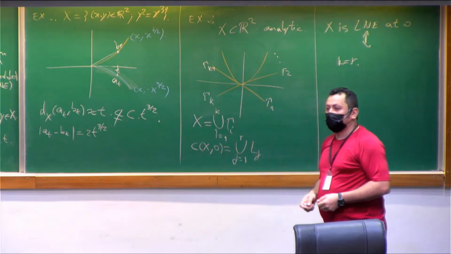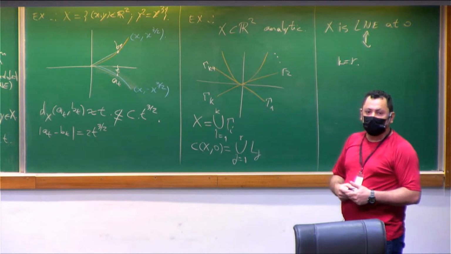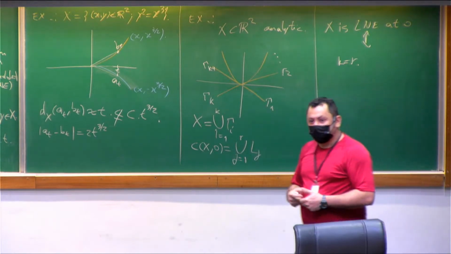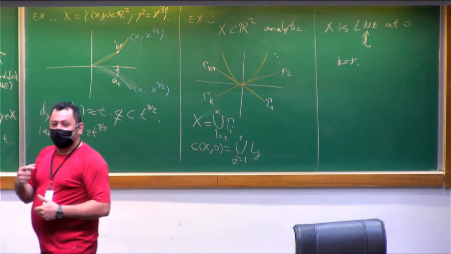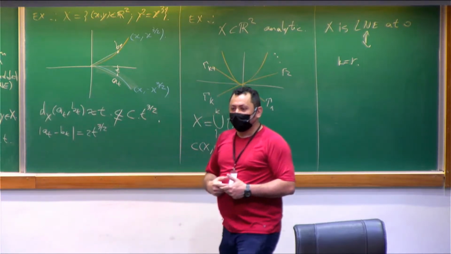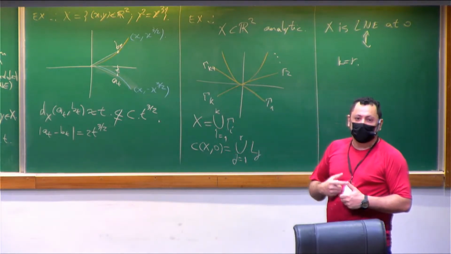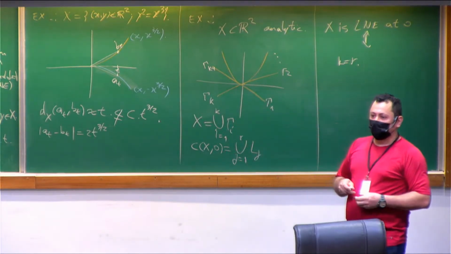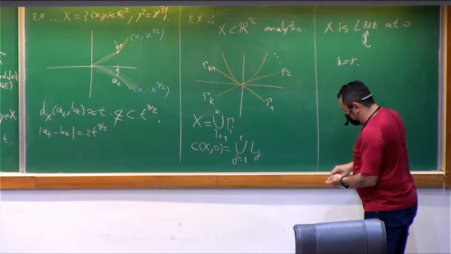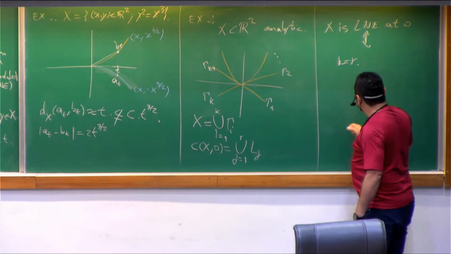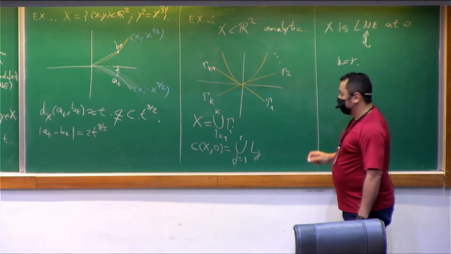So you can prove that a complex curve is LNE if and only if each irreducible component is smooth and the tangent cone has the same number of lines as the number of irreducible components of the curve. And this was the motivation for the conjecture of Neumann-Pichon.